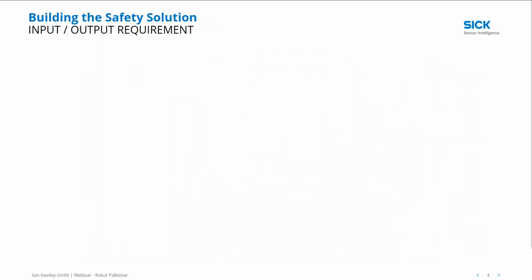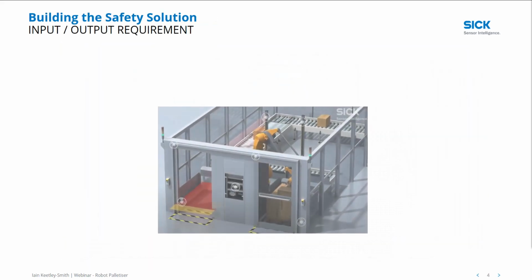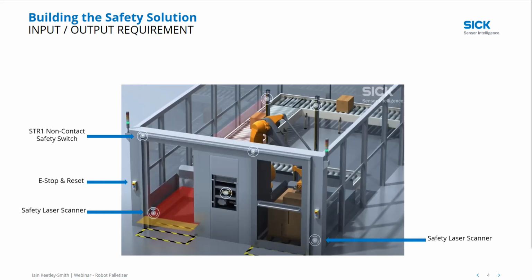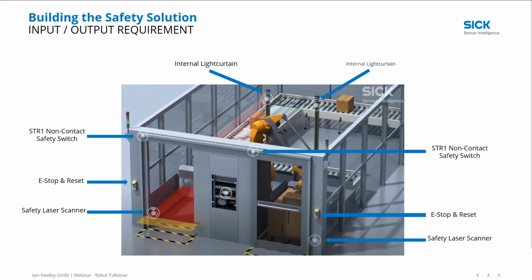So coming in to look at the input-output requirements, so here's an image again of the robot cell. Up at the top here we have what's called an STR1 non-contact safety switch. We have an e-stop and reset combination here. We have a laser scanner protecting the floor area on the left hand side, another laser scanner protecting the floor area on the right, another e-stop and reset, another STR non-contact safety switch, and then we have our 2 internal light curtains protecting the area.